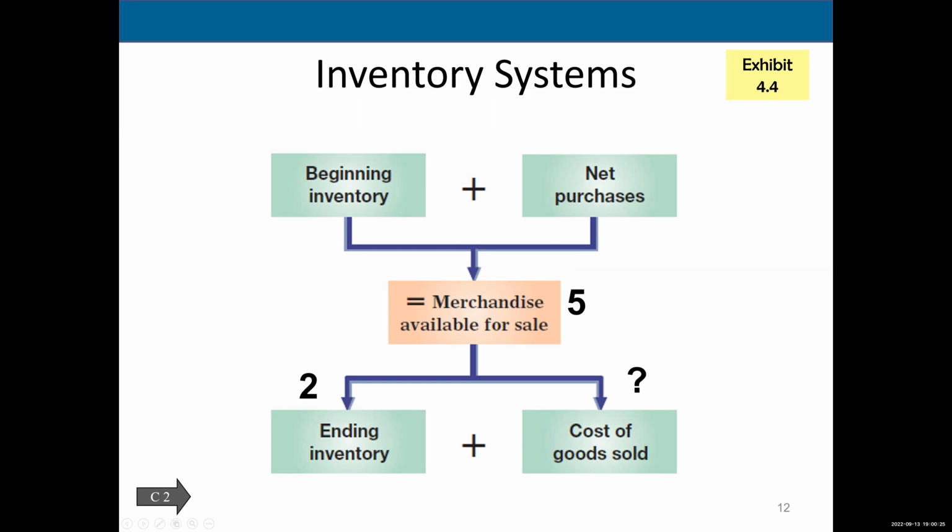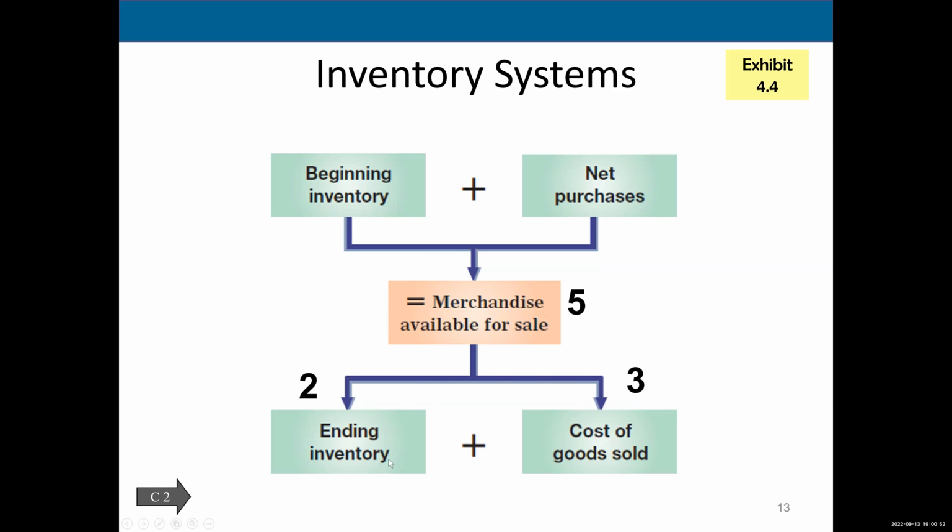Now, at the end of the period, let's say that we only had 2 left in ending inventory. We had 5 available, but only 2 left. Well, if we had 5 available and only 2 left, how many did we sell? That's right, 3. That's all it is. From the amount available, you either sold it or it's in ending inventory.